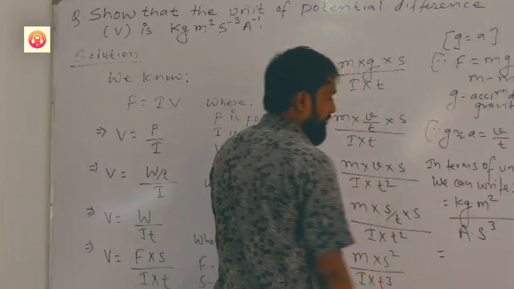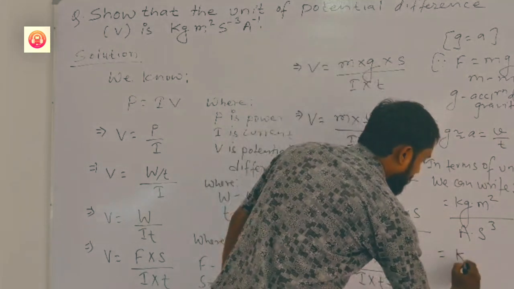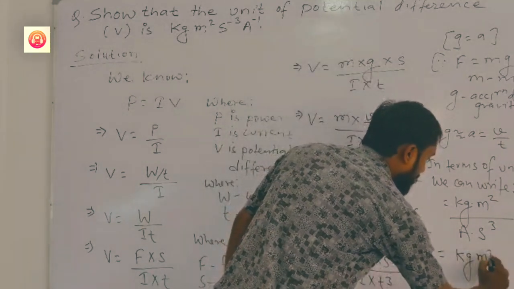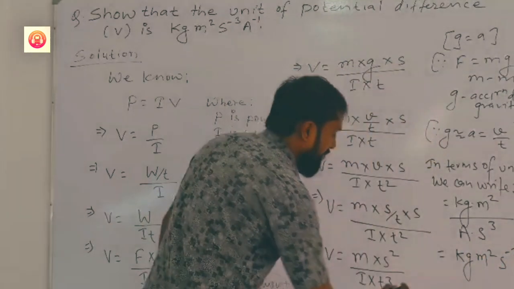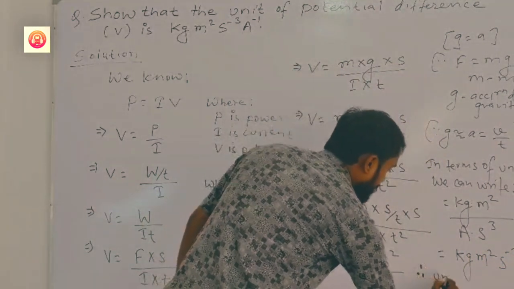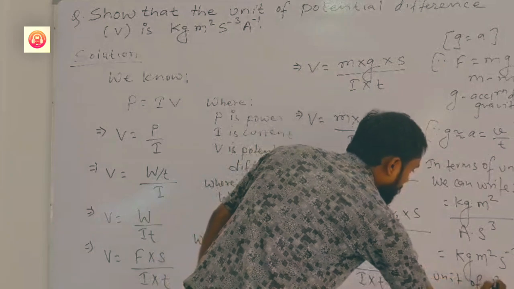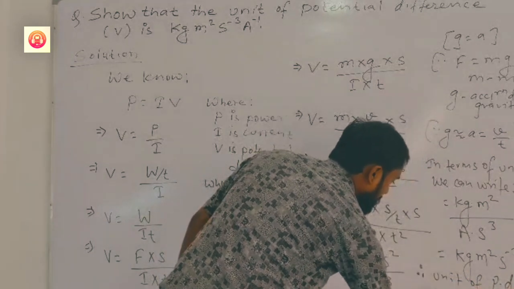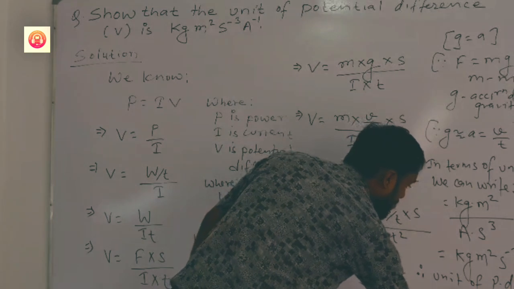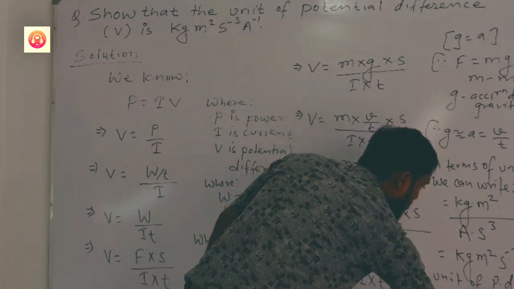So on simplifying, we can write kg meter square second power minus 3 ampere minus 1. Therefore, unit of potential difference V equals kg meter square second power minus 3 ampere minus 1.